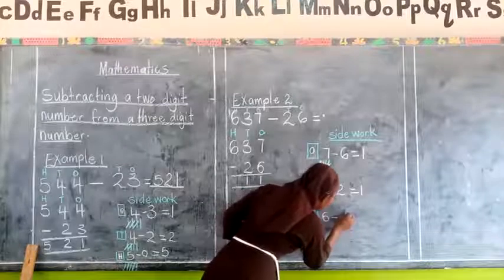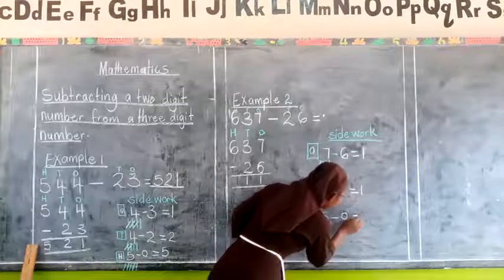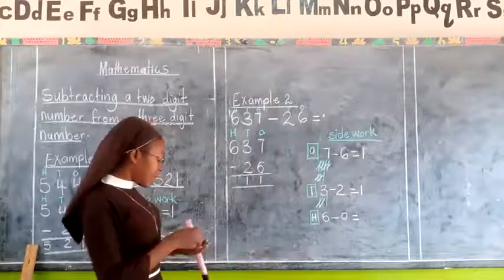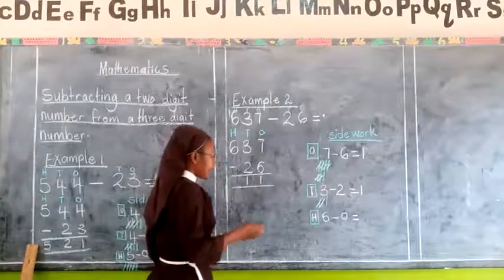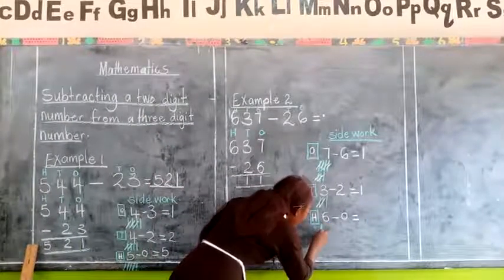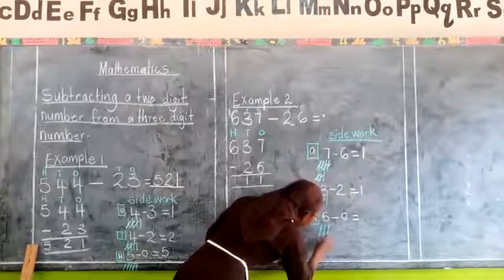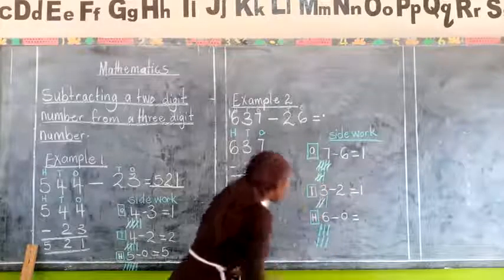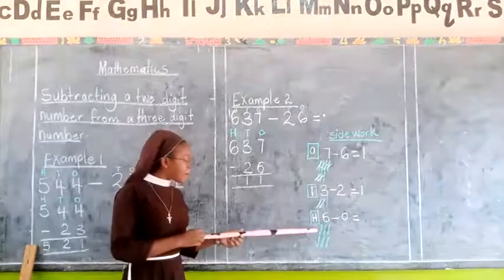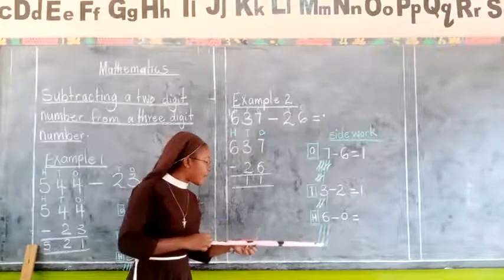We said 0 is the same as nothing. We draw our equal signs. We come under number 6 and we draw our counters. Let's draw them together. 1, 2, 3, 4, 5, 6. We have our 6 counters here. But from the 6 counters, we are supposed to take away nothing.